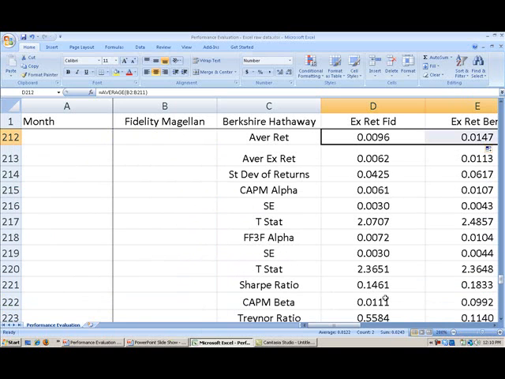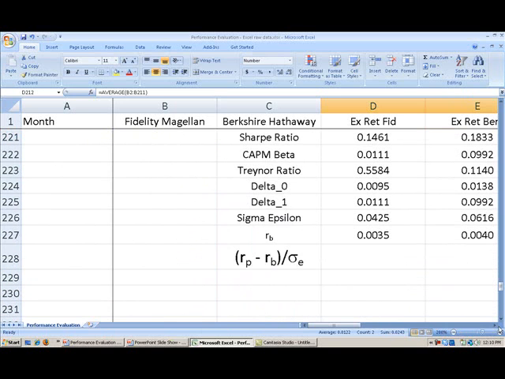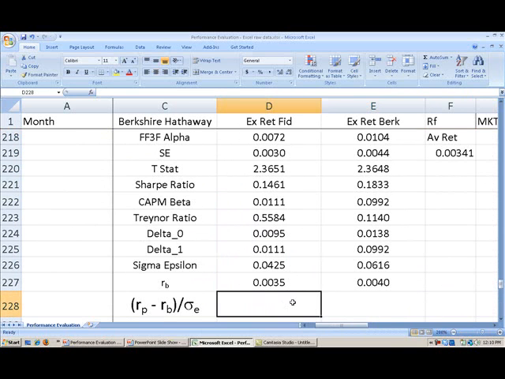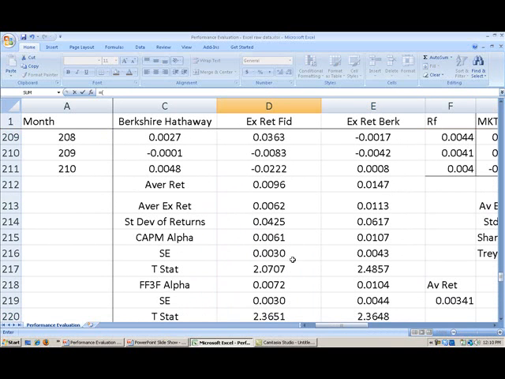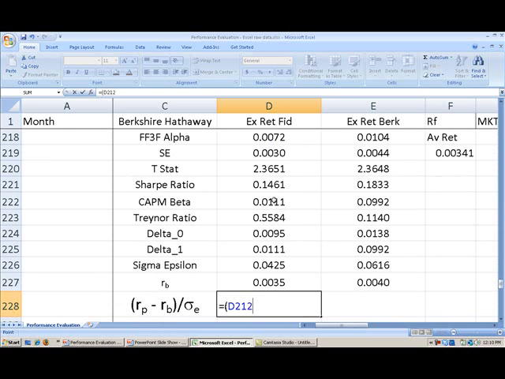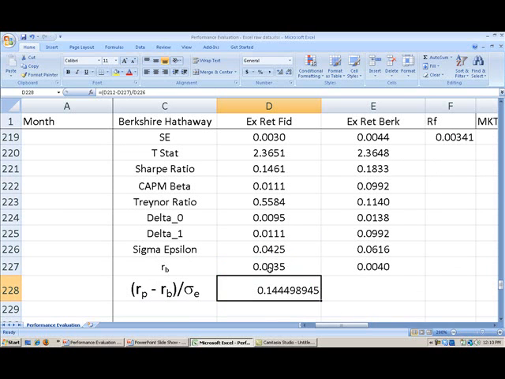So we now have the average returns for both these portfolios, and we're ready now to calculate the information ratio, which is going to be equal to brackets average returns for Fidelity minus the benchmark returns for Fidelity, all divided by sigma epsilon for Fidelity, and hit enter. We now have our information ratio for Fidelity. Let's copy this across, and we have our information ratio for Berkshire Hathaway as well.